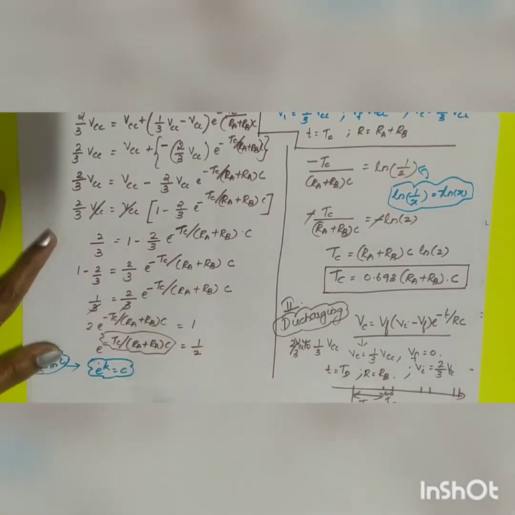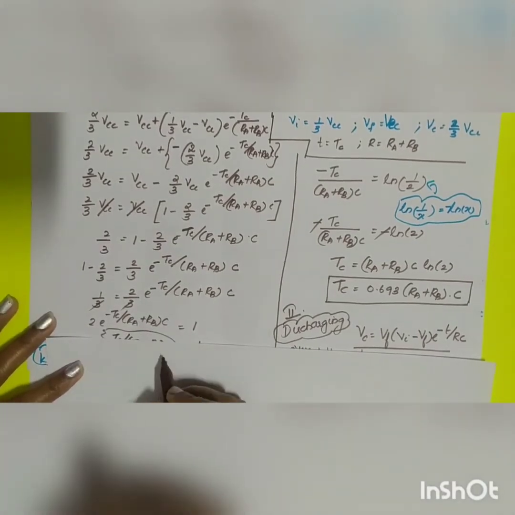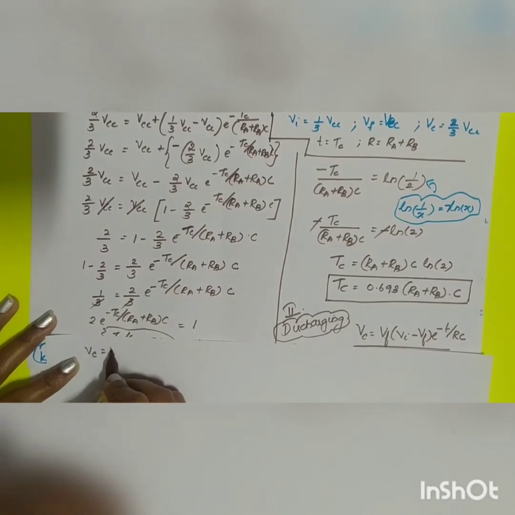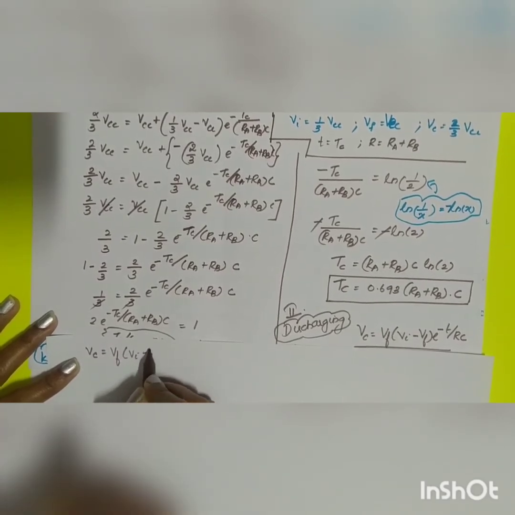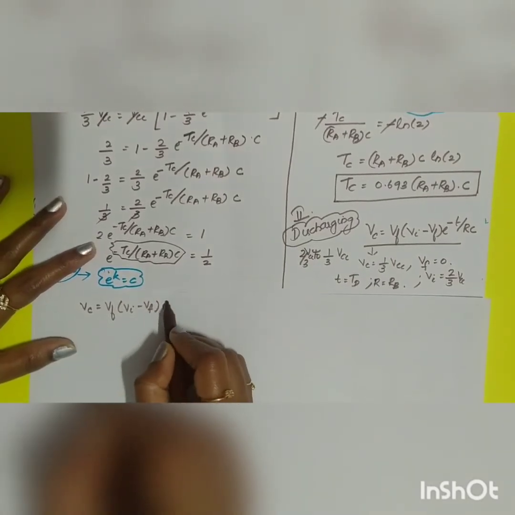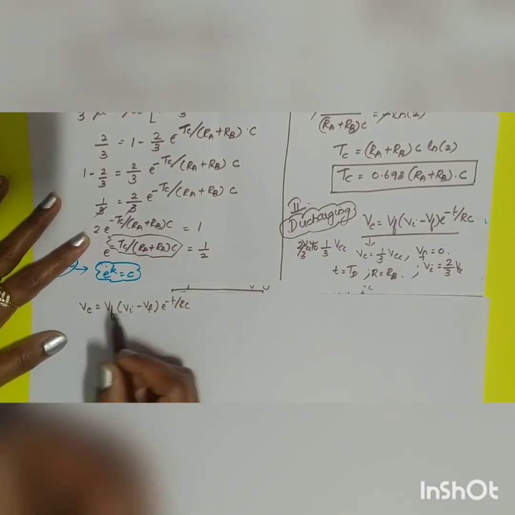Okay, so what will be the value you will be getting? So I can write that Vc will be equal to Vf plus (Vi minus Vf) into e power minus t divided by Rc. Now I am going to substitute all the values.